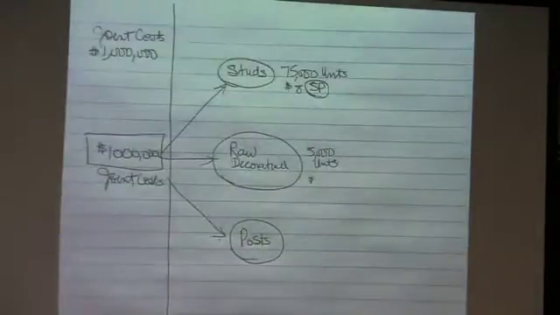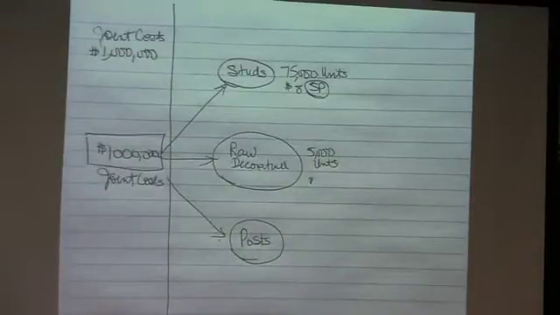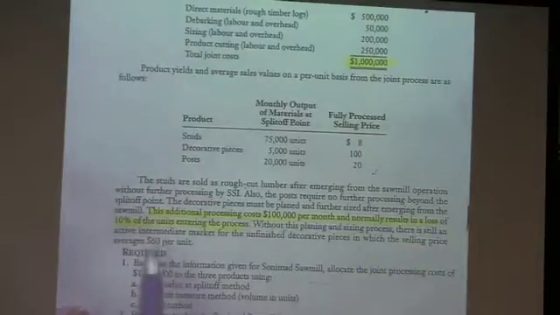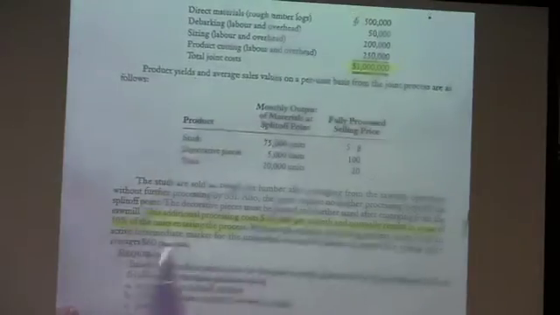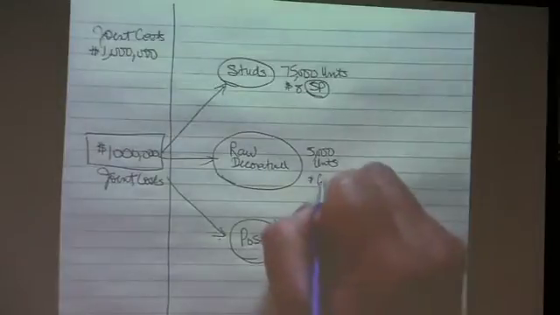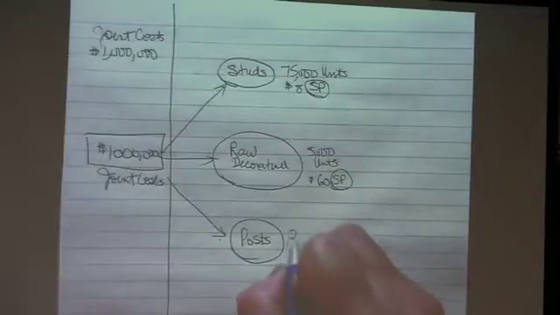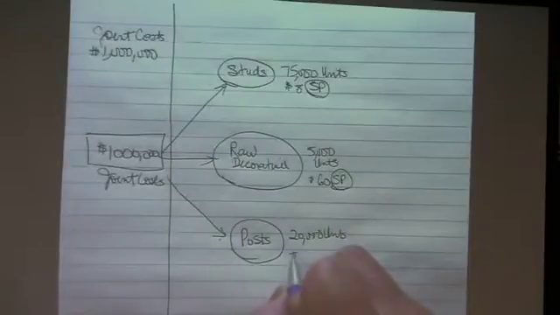Per unit. Actually, no, sorry. It says that without this planing and sizing process, there's still an active intermediate market, and the selling price of the unfinished is $60. So this is actually $60. And the post is how many? We're going to make 20,000 units, and the sales price is $20.